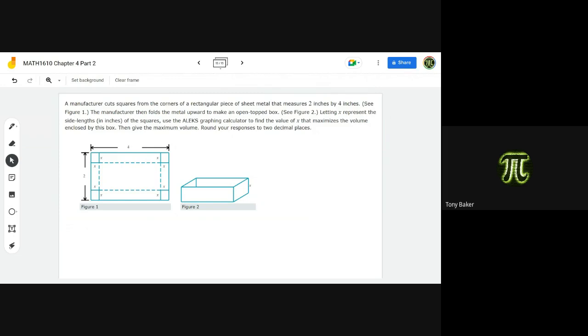Maximize my volume. That's a 4. If you can't read the numbers, that's a 4, and that's a 2. And all the letters inside are x's.